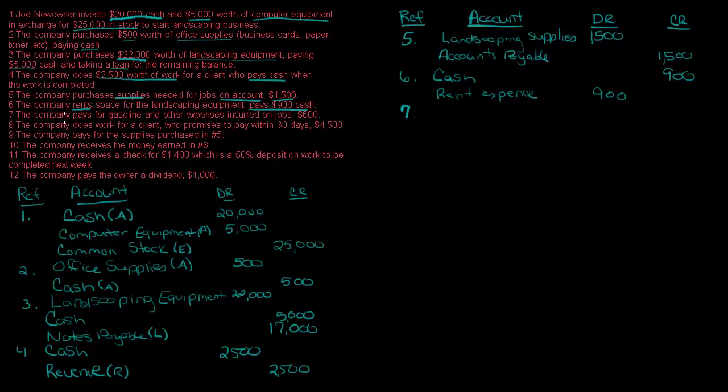Number 7 says the company pays for gasoline and other expenses incurred on jobs, $600, and they paid for it. Okay, so we've got gasoline and other expenses incurred on jobs. Why don't we just call this job expenses.